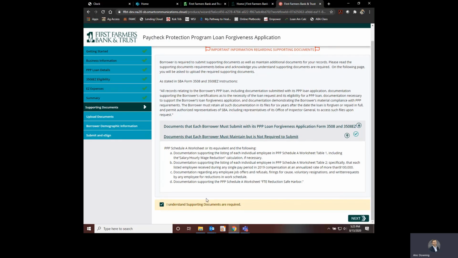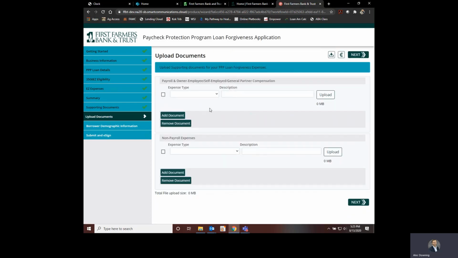Then down here, you want to look at documents that each borrower must maintain, so keep these, but you are not required to submit them to us. So these are things that you should keep on file somewhere, locked away, very safe in your house or at your office. But you do not need to send these to us. So we'll go ahead and go next. You have already agreed that you understand you need to upload supporting documents.